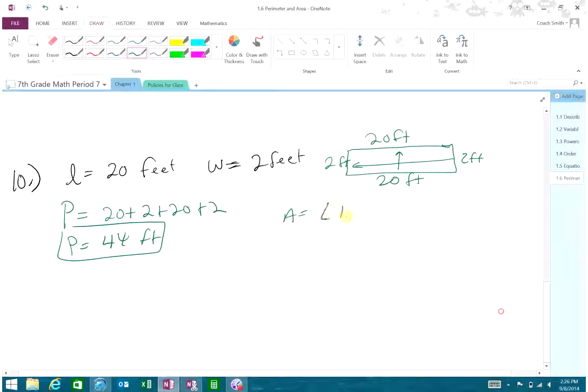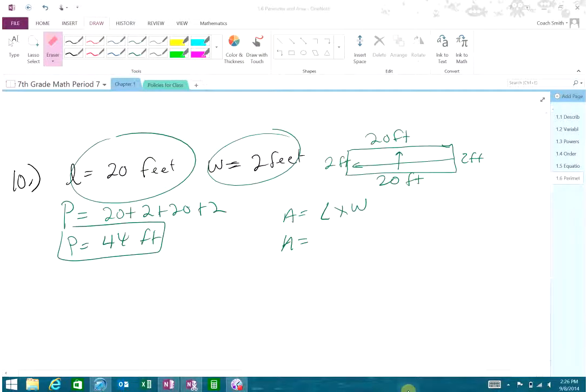Area is equal to length times width. What is the length of this rectangle? 20. It's right here. Length. 20 times the width. 2. So I have 20 feet times 2 feet.